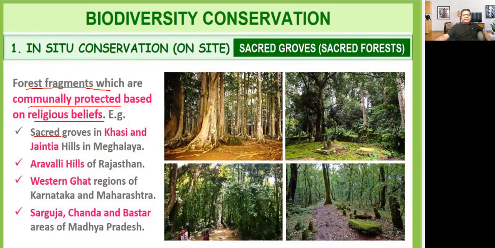Example, sacred groves in Khasi and Jaintia Hills in Meghalaya, Aravalli Hills of Rajasthan, Western Ghat region of Karnataka and Maharashtra, and Sarguja, Chanda, and Bastar area of Madhya Pradesh. These are sacred groves, sacred forests.